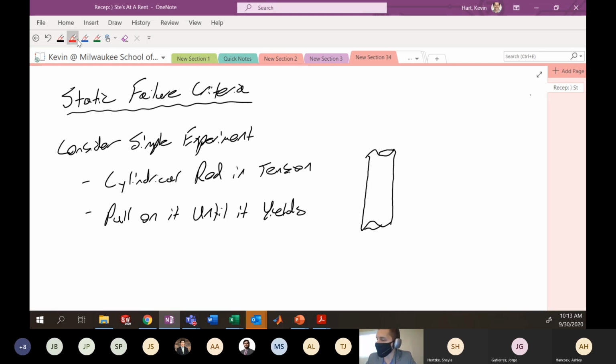Okay, we're going to apply some stress to this. Let's say we're going to apply some load, some tension. T for tension. T for terrific. All right, and we'll load until failure.